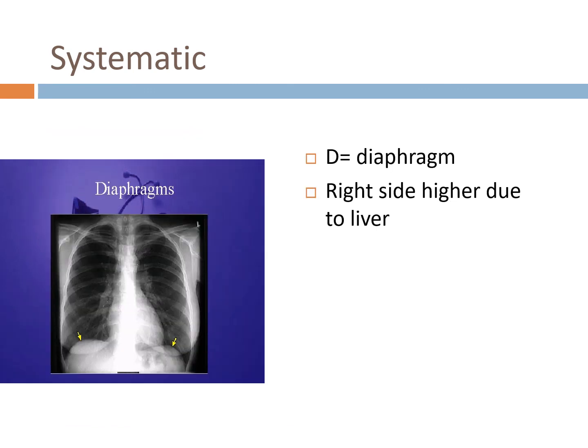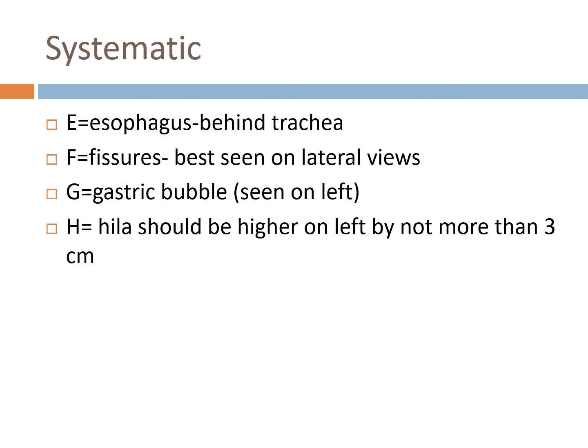All right. Then you're looking at your diaphragm. Make sure you're looking at your costophrenic angles, keeping in mind that your right side is going to be higher than your left. The esophagus is going to be behind your trachea, and you're going to have fissures. Those are best seen on your lateral views. The gastric bubble is going to be seen on your left.